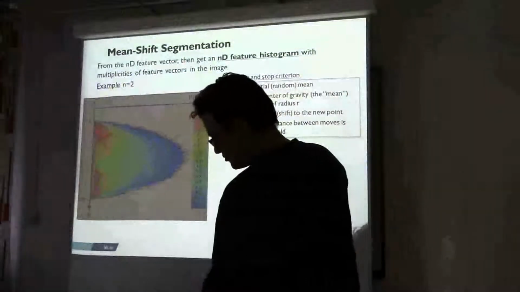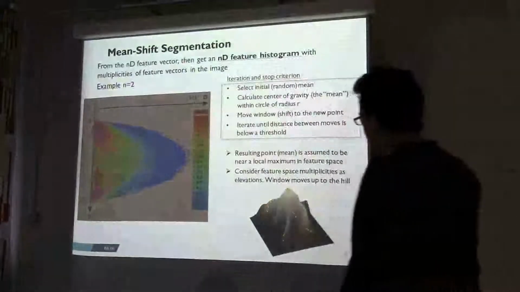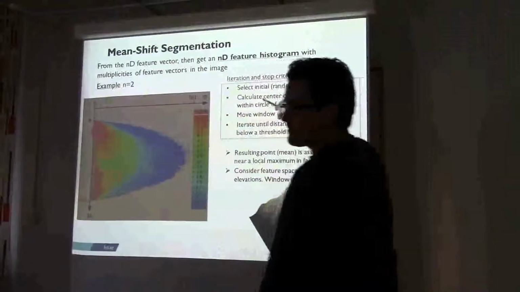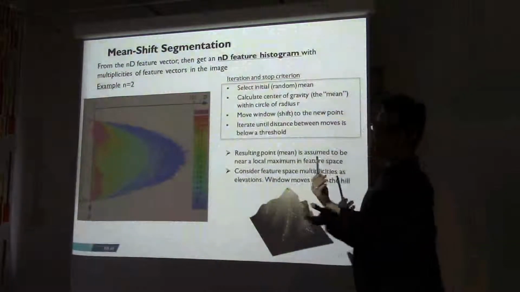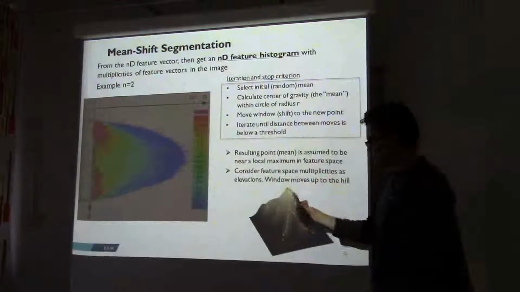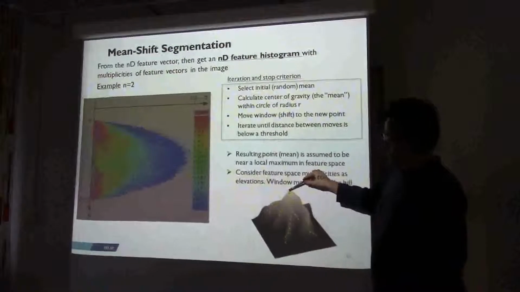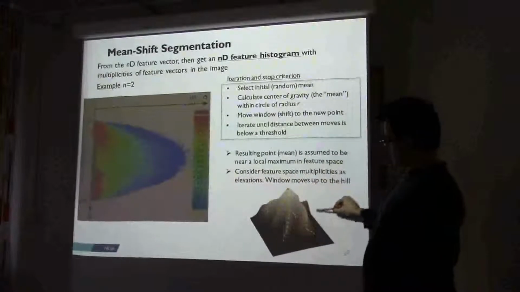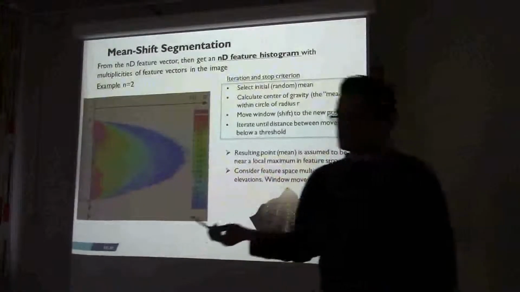And then you move your window until you reach the maximum. And you do this for all points of your histogram. So each point will end up in a peak, right? So all these points here, for example, end up here in this peak. So what you say is, okay, all the pixels of the image that have contributed to these points here are assigned to the same class.